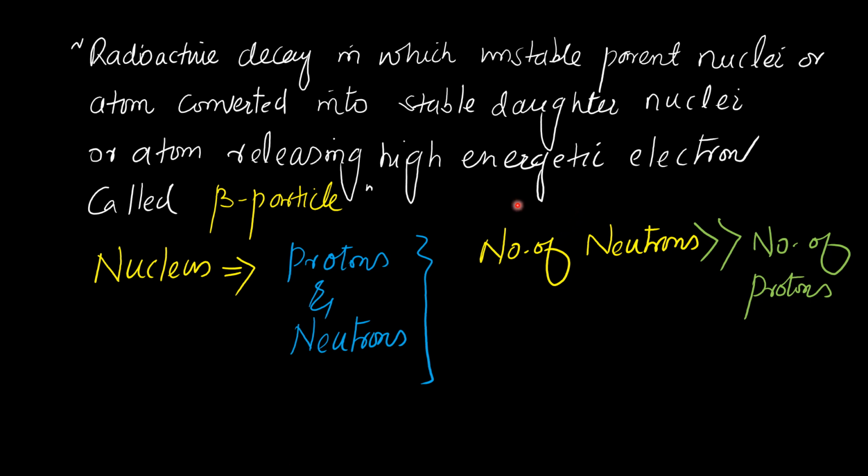When the number of neutrons is more than the number of protons, such nuclei are unstable. These atoms are also called unstable atoms, and the nuclei of such atoms are called unstable nuclei.